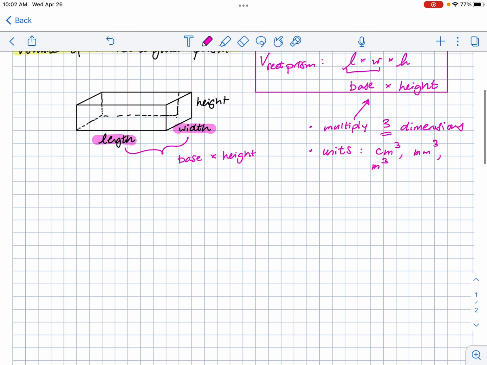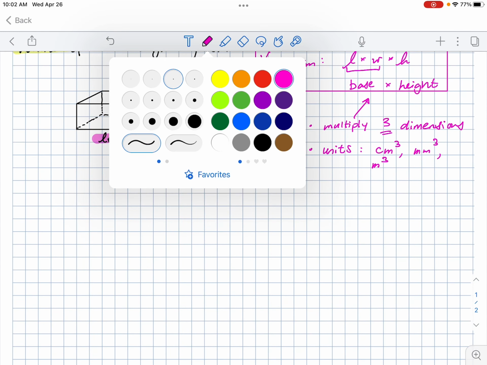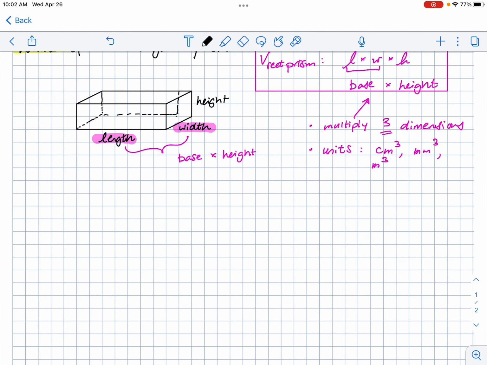Now, let's move on to the volume of a cylinder. Okay, so we've got volume of a cylinder now.